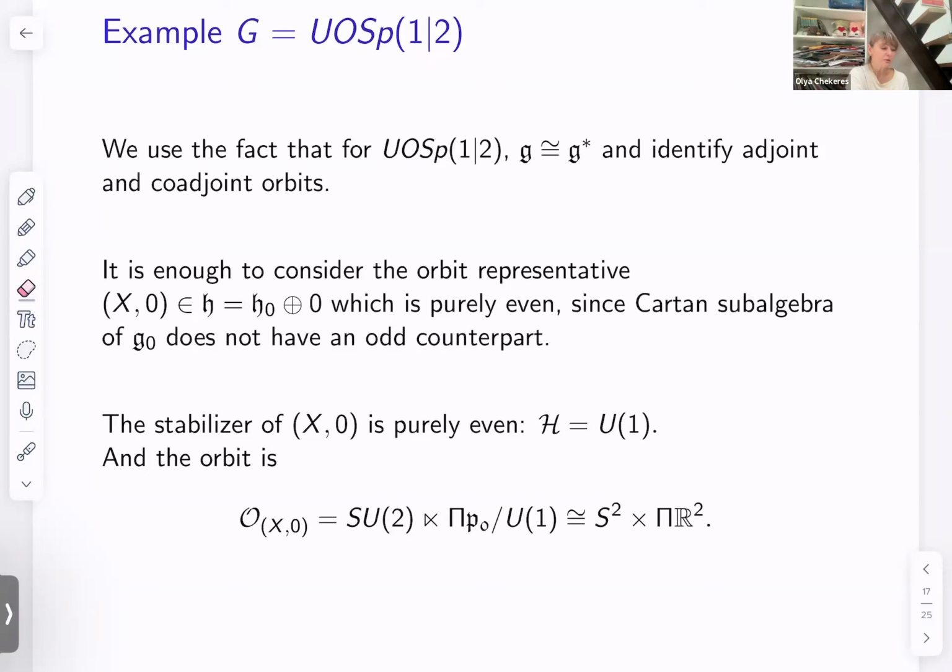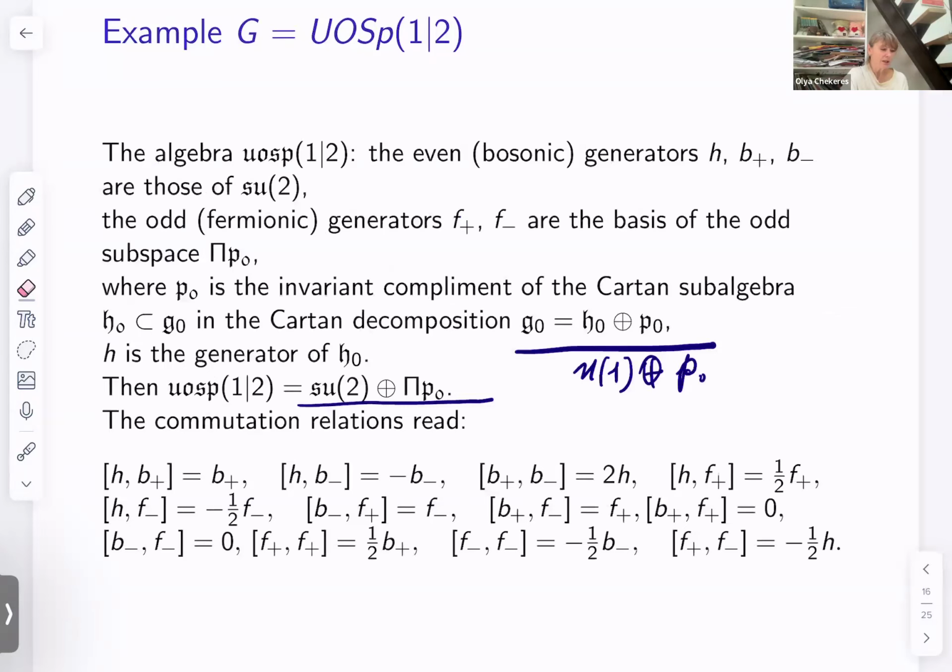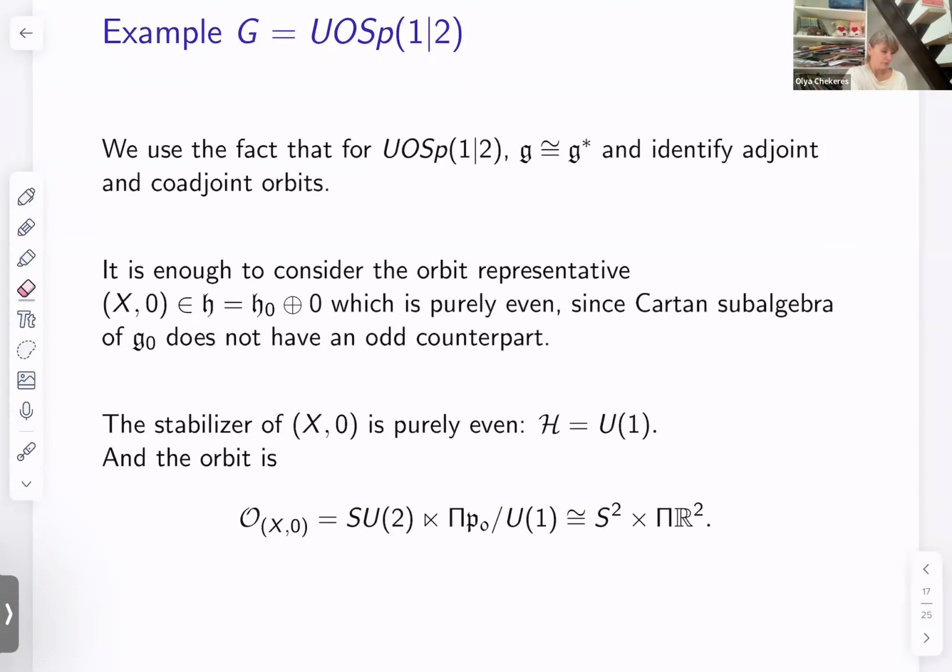In the super version, this is not always the case, since when we do this identification of the Lie algebra with its dual, the invariant product which is used here can interchange the signs and the parities.